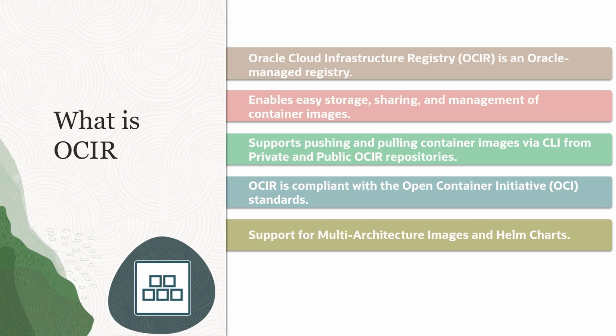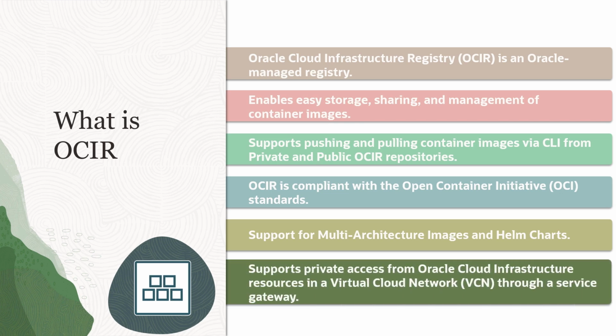Additionally, OCIR extends its support to Helm charts. Security is a priority with OCIR, offering private access through a service gateway. This means that OCI resources within a VCN in the same region can securely access OCIR without exposing them to the public internet. Let's explore the key advantages offered by OCIR.